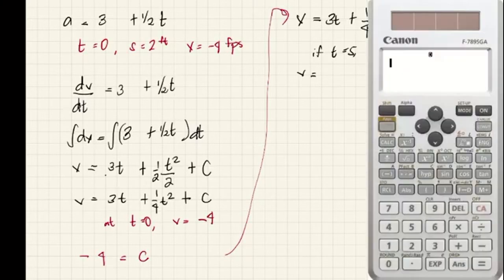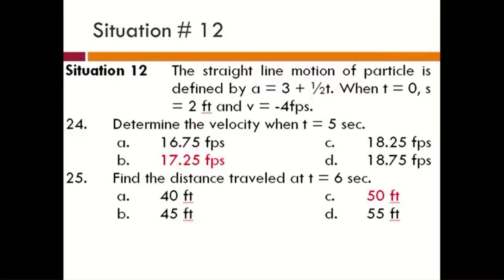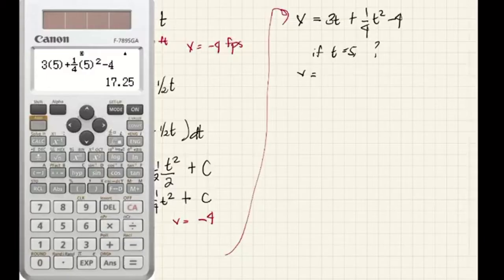So, let's try. 3 times 5 plus 1/4 times 5 squared minus 4. Ay, ang sagot ay 17.25. Nasa choices pa yon? O yun, number 24, answer is letter B, 17.25 feet per second.